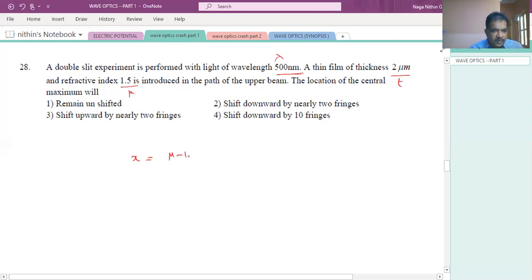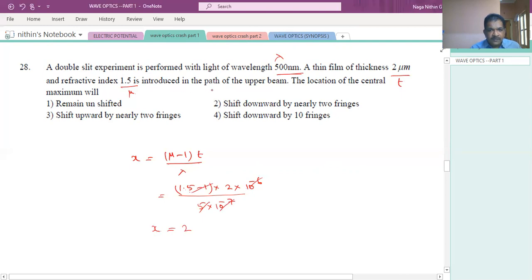Mu minus 1 into t by lambda. 1.5 minus 1, t value 2 into 10 power minus 6, lambda value 5 into 10 power minus 7. Okay, this is 0.5 into 10 power minus 6, 5 into 10 power minus 1 will cancel. So X is equal to 2.